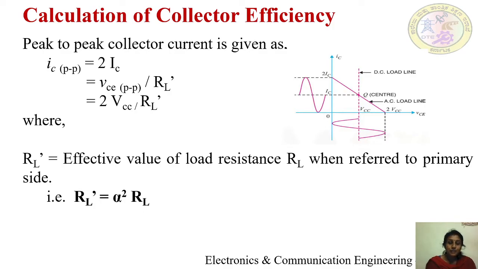That is, impedance connected to one side of the transformer can be made to appear either larger or smaller depending upon the square of the turns ratio, where alpha is equal to N1 by N2.